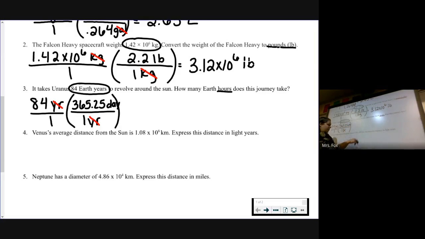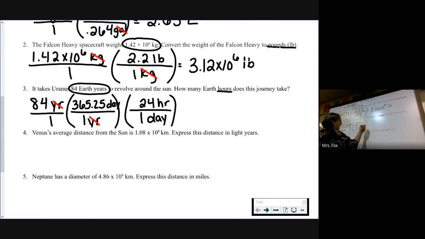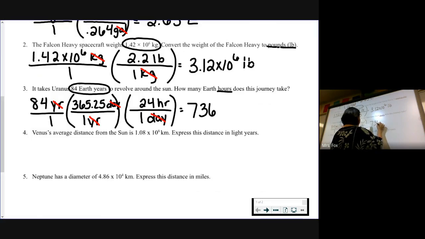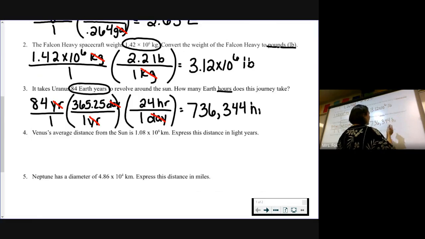I have days, but I'm trying to get to hours, so I need another fraction, another conversion factor. I know that 1 day is equal to 24 hours. My days cancel, and I simply multiply across the top and find that it takes 736,344 hours.